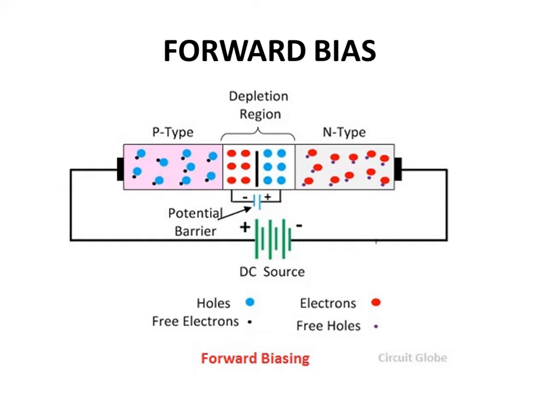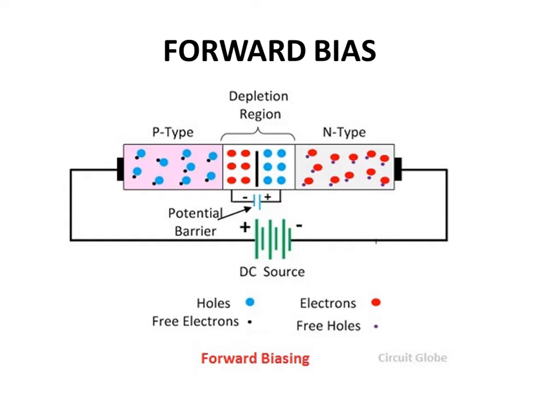Previously there were no moving charges in the depletion region, but now, with forward bias, the charge carriers will be injected into it. From the N region electrons will be injected into the depletion region, and from the P side holes will be injected into the depletion region.